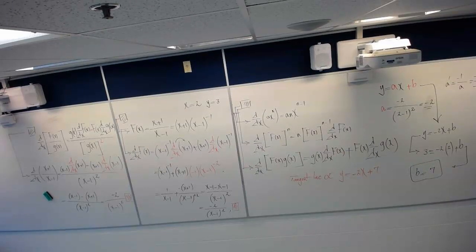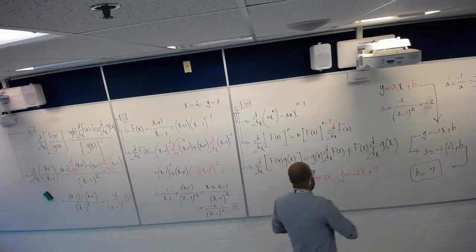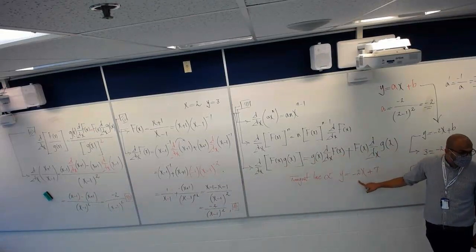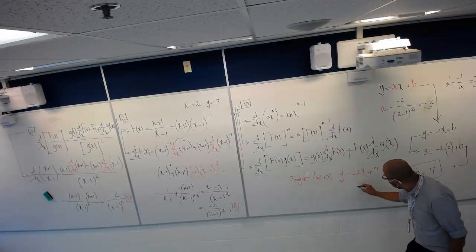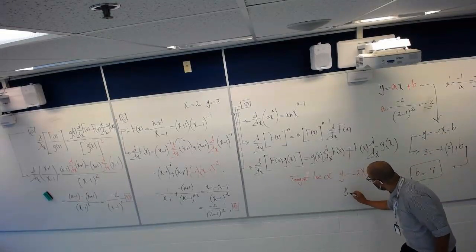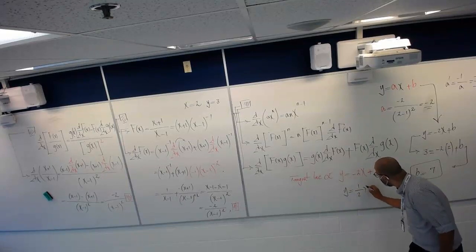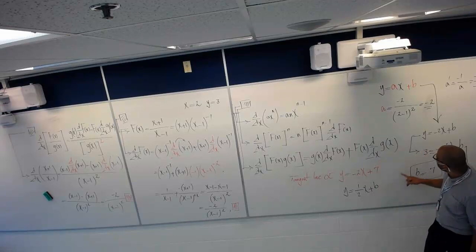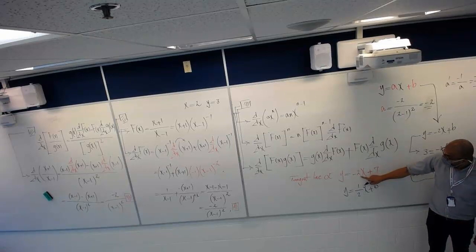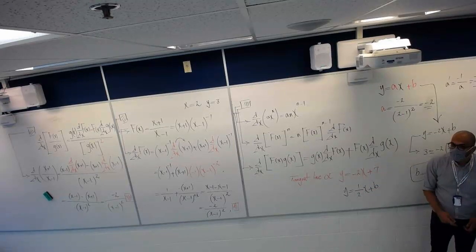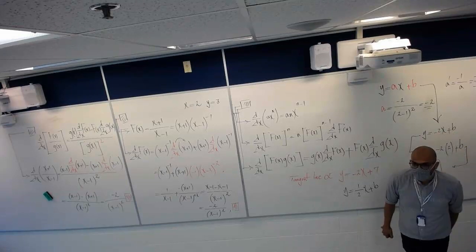The slope of the tangent is minus 2, so the slope of the normal is the minus inverse of that. It means that the slope of the normal is 1 over 2, so the line is 1 over 2 x plus b, and you find b the way we should. When you multiply the slope of the tangent by the slope of the normal, you should get minus 1. And that's the definition of the normal and tangent.